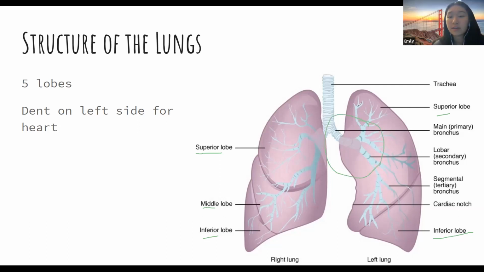It's tilted a little bit towards the left, about this circle where I've drawn it. So this lung needs to be a little bit dented, a little bit smaller, to make room for that. Your heart has a non-zero volume. And that's why there are only 2 lobes on the left and 3 lobes on the right.